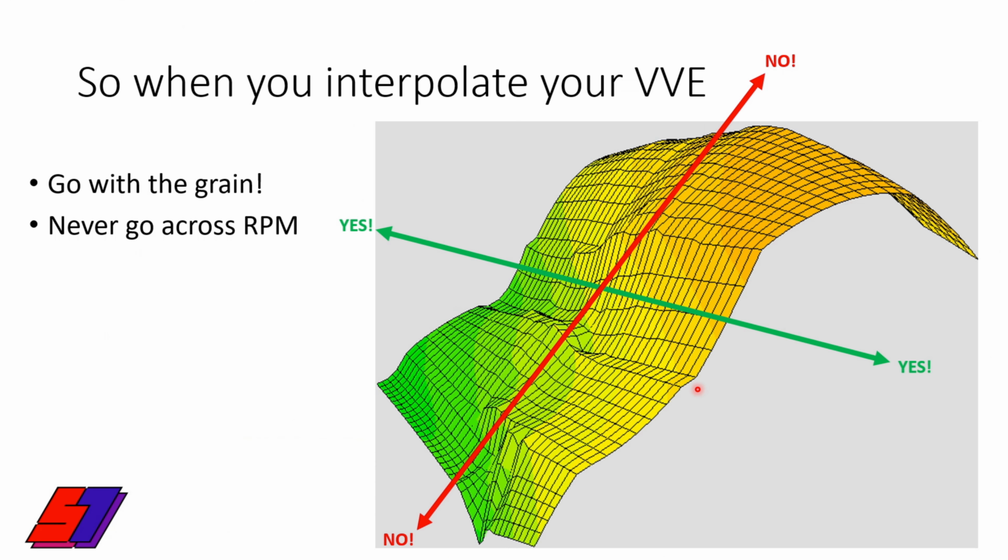So what this means is when you go to interpolate with the grain, so go with the MAP sensor, it is much more linear as you go to higher pressures at the same RPM. If you were to interpolate this way, you would smooth over these ripples and these peaks and you would lose that characterization. So rezone your VE as needed to make sure that you accommodate those ripples.